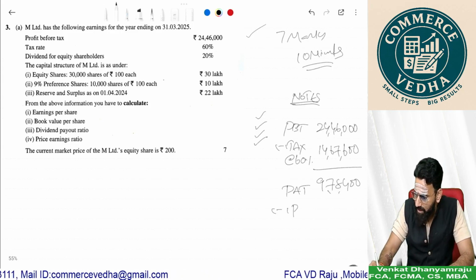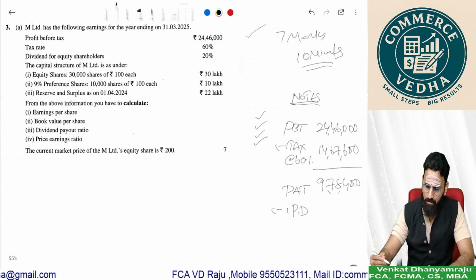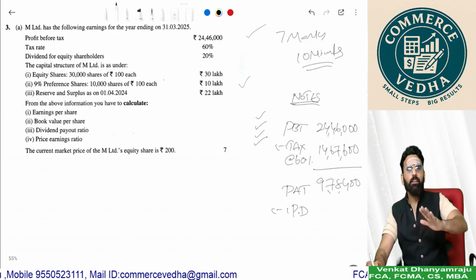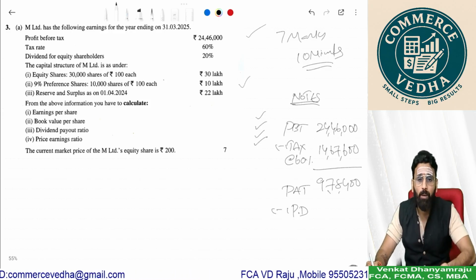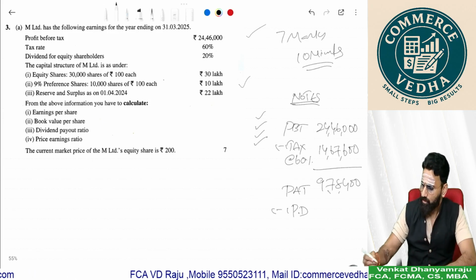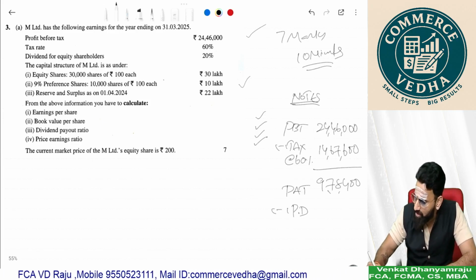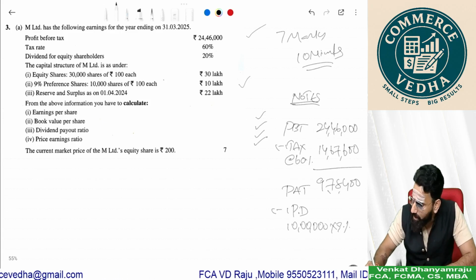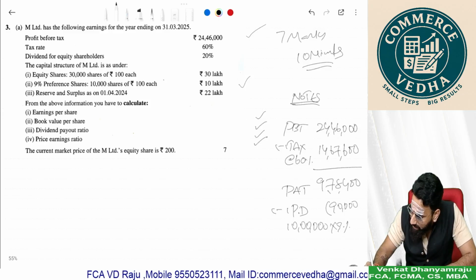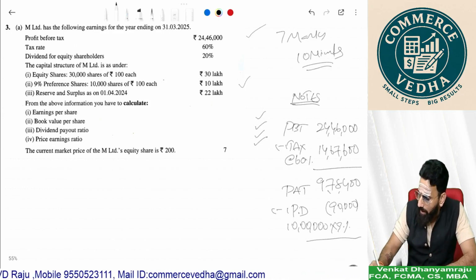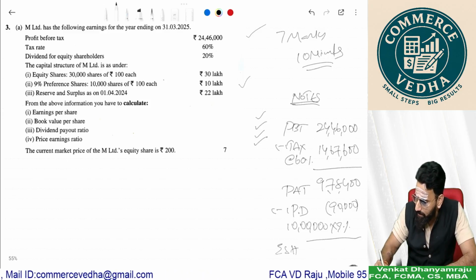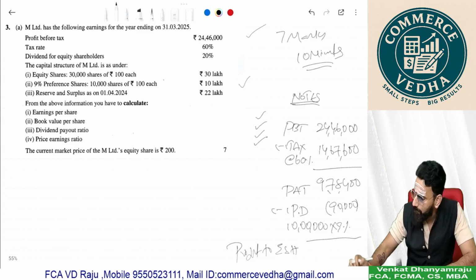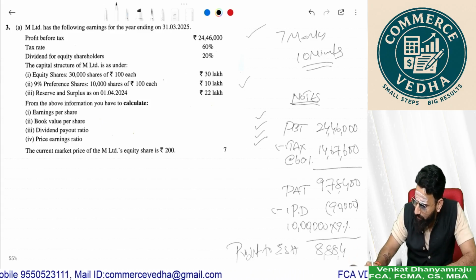Now what we should understand is, in this question there is preference share capital. When there is preference share capital, dividend shall be first paid to preference before any payment of dividend that will go to equity. So here, preference shares are 10 lakhs capital and the rate is 9%. So your preference dividend comes to 90,000, leaving you a profit to equity shareholders as 8,88,400.